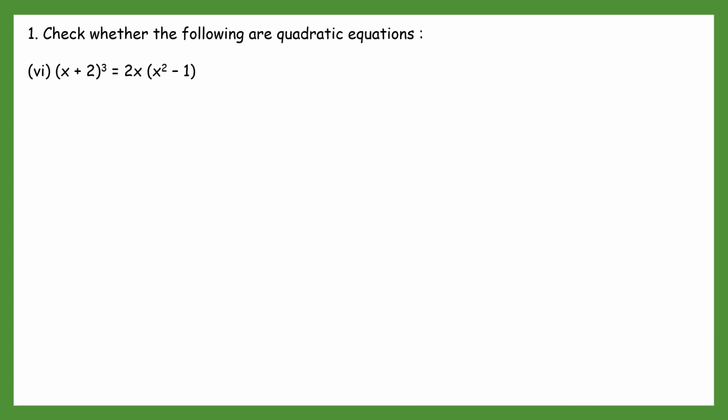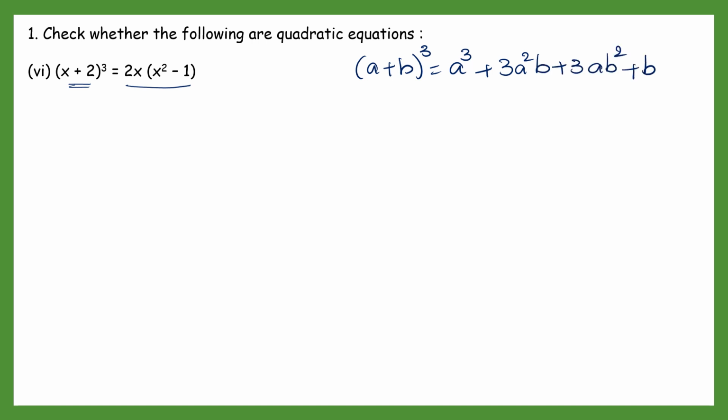Next question. X plus 2 whole cube is equal to 2x into x square minus 1. We know the formula. A plus b whole cube is equal to a cube plus 3a square b plus 3ab square plus b cube. The question given is x plus 2 whole cube.